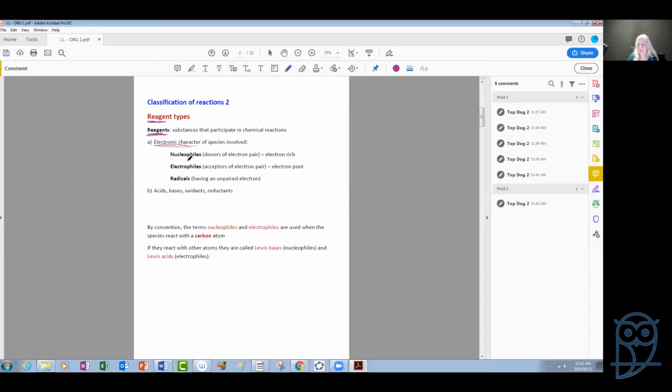We are going to talk about this, but let us group them first to see what we're talking about. So the reagents can be classified in terms of the electronic character. Nucleophiles means that these species are electron-rich somehow, which means they tend to be negatively charged or having a partial negative charge.